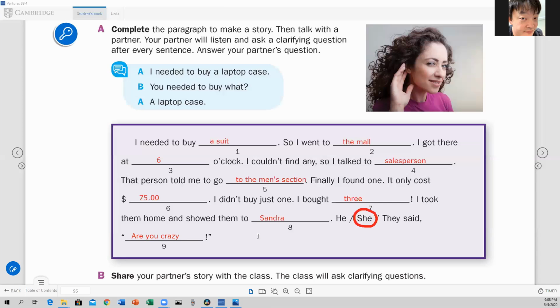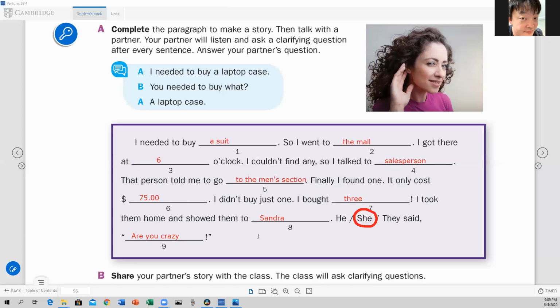That person told me to go to the men's section. That person told you to go where? To the men's section. I finally found one. It only cost $75. It only cost how much? $75.